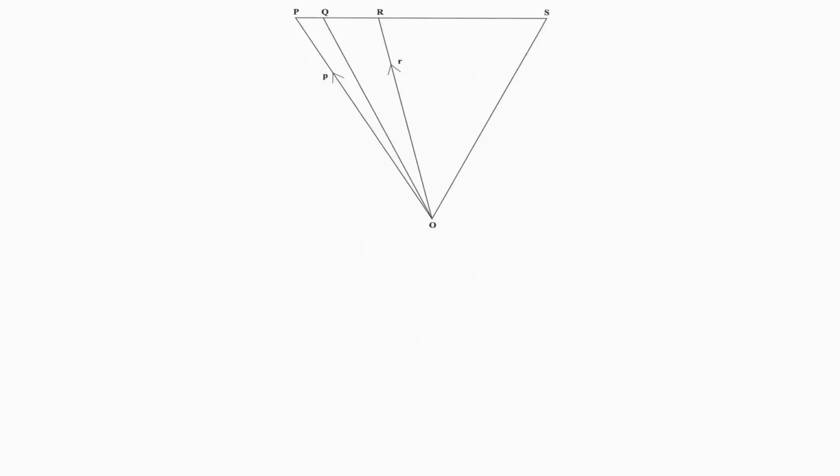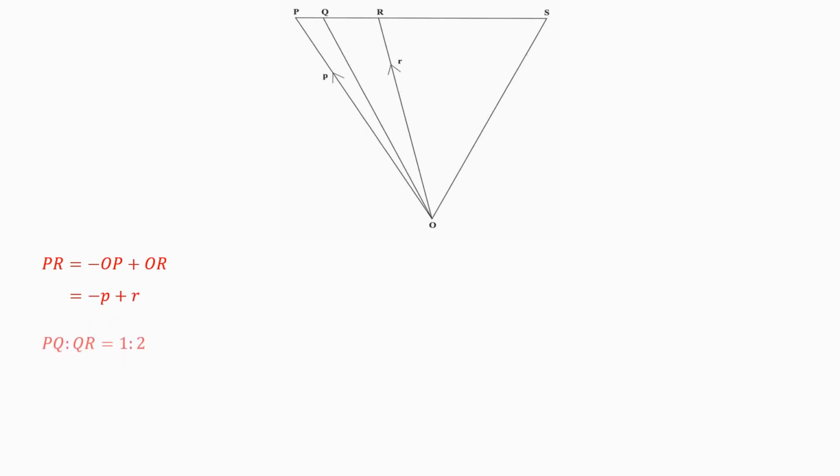The first step, we are going to find PR since we have OP and OR, and PR will be PO plus OR, which can be expressed as negative OP plus OR. So our PR will be negative p plus r.